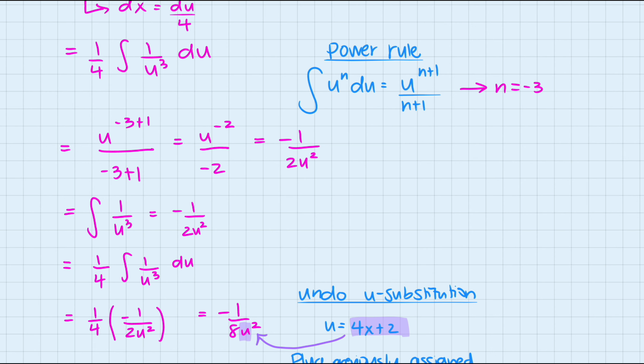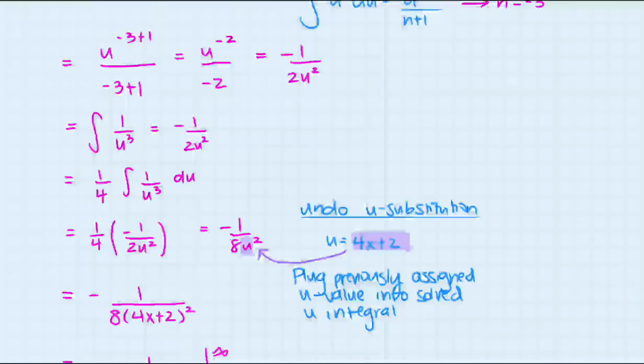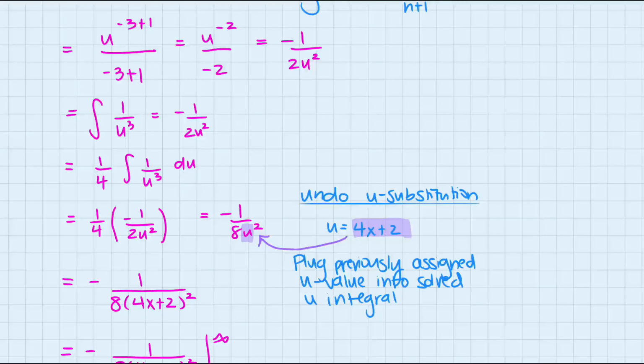So the negative 1/2 u squared is the solution to the integral of 1 over u cubed, as shown here. But we have to remember that the 1/4 carries down, since it's outside the integral. We could solve the 1 over u cubed and not worry about the 1/4, but it's still there as part of the solution. So we have 1/4 times negative 1/2 u squared, which simplifies to negative 1/8 u squared.